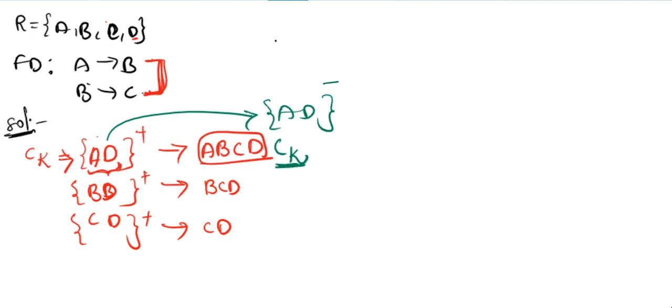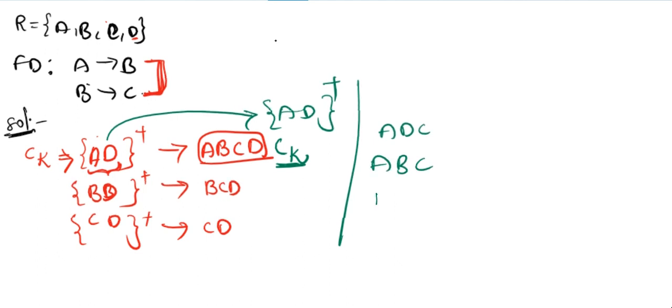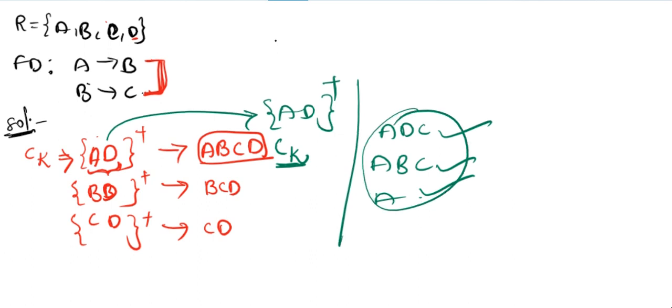If it is not determining all of this, again we need to check the next ones: ADC, BD, ABC. But we don't need to calculate or find these super keys because a candidate key means the minimum number of attributes.